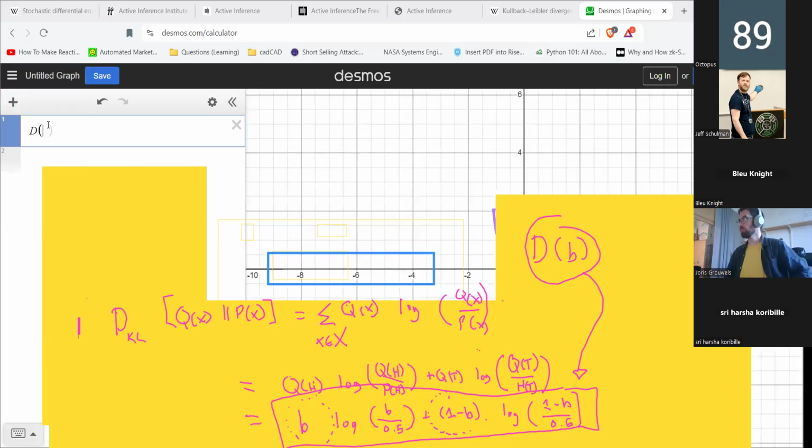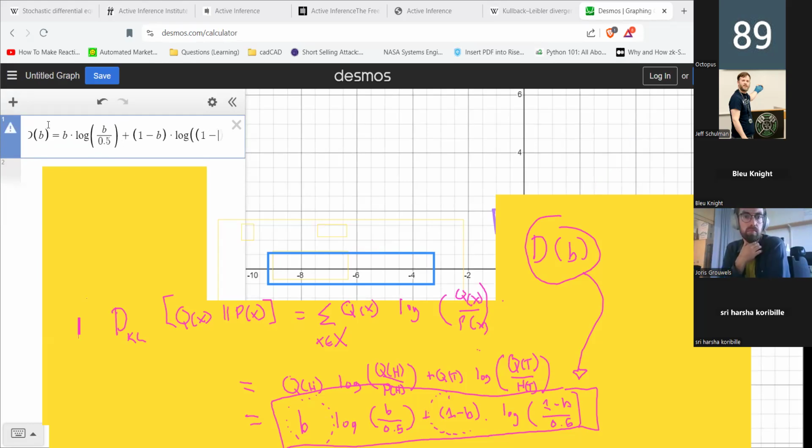So D of B is equal to B times log of B divided by 0.5 plus 1 minus B times the log of 1 minus B divided by 0.5.